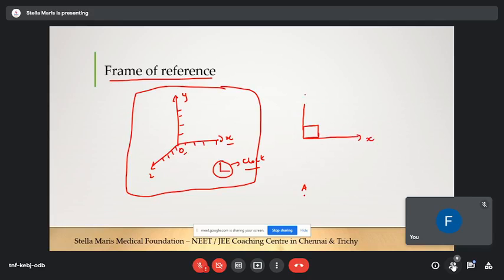Okay, so who is the frame of reference here? Who or which is the frame of reference for this particular motion?